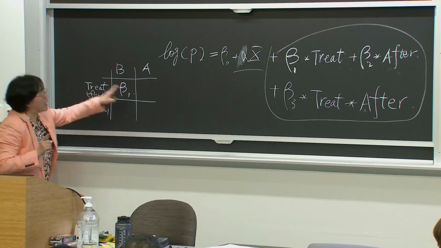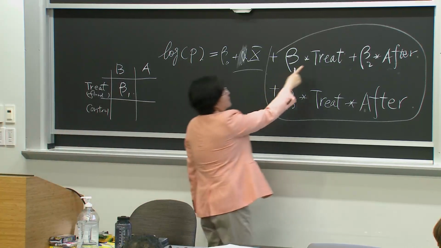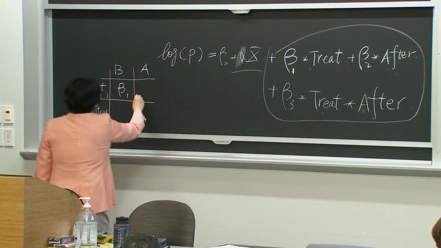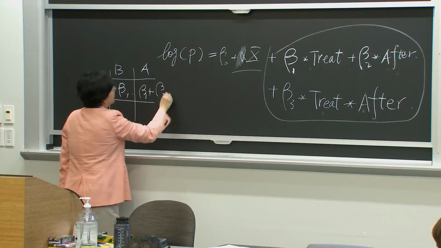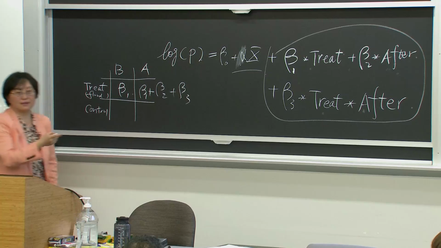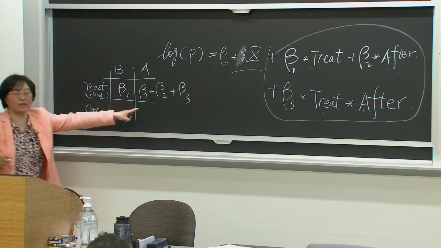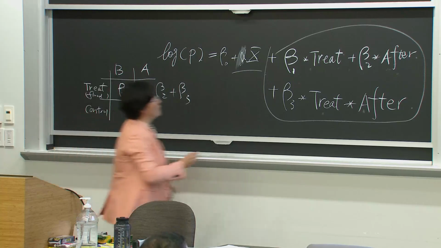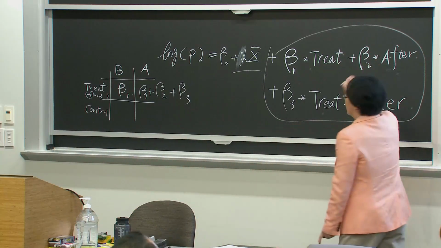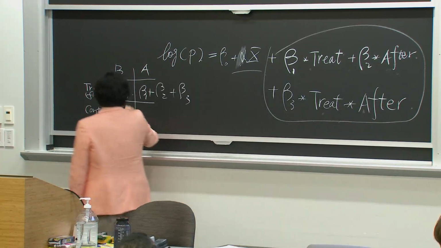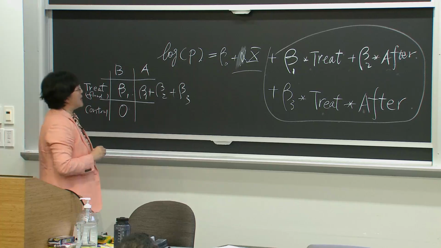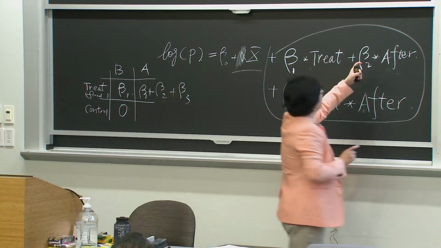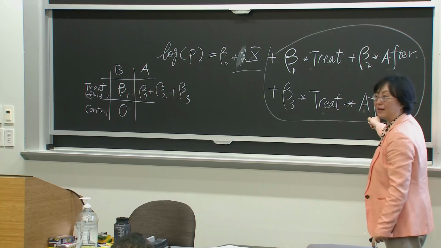Then treat, after: this survives and this survives, so that's beta 1 plus beta 2 plus beta 3. Three coefficients. Control, before: 0, 0, 0, 0. And control, after: only beta 2.